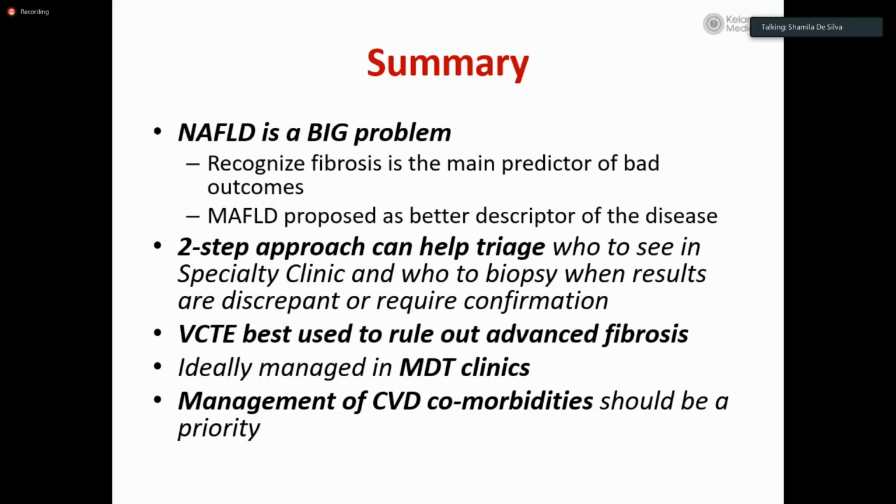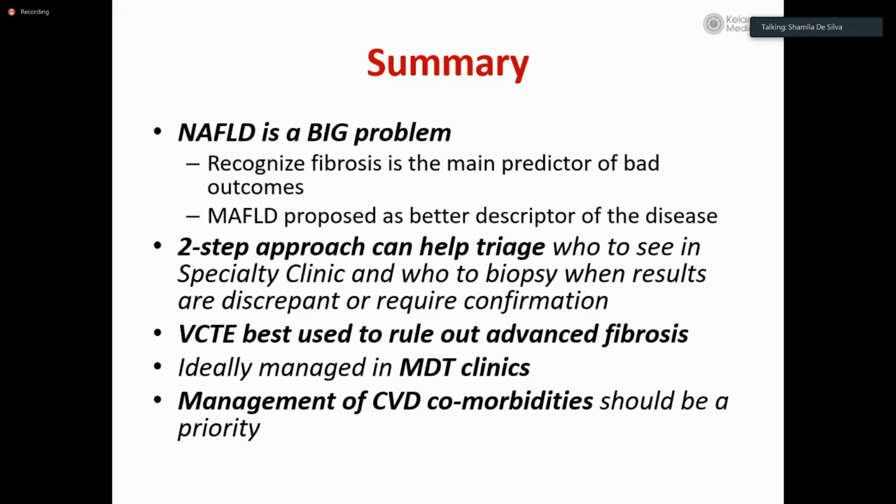And we know that FibroScan is best to rule out advanced fibrosis because it's point of care, very simple, non-invasive. And these NAFL patients, NASH patients should ideally be managed in multidisciplinary team clinics with multidisciplinary inputs.